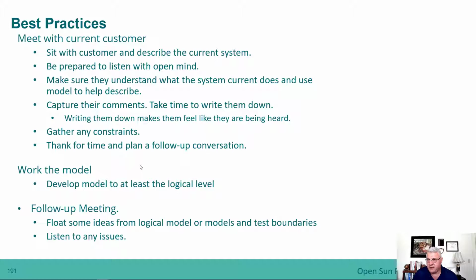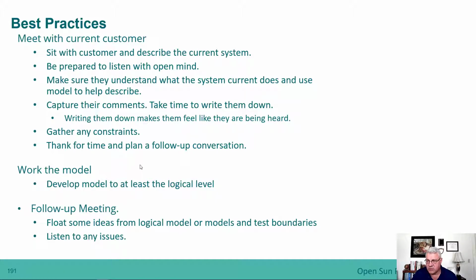I was prepared to listen with an open mind, and made sure that they understand what the system currently does, using the model to help describe it if possible. Capture their comments, take time to write them down. Writing them down is always a good idea. It helps them feel that they're being heard. They'll be patient while you're writing things down, and it also gives you a record of what was told. Gather any constraints, and then thank them for the time and plan a follow-up conversation.